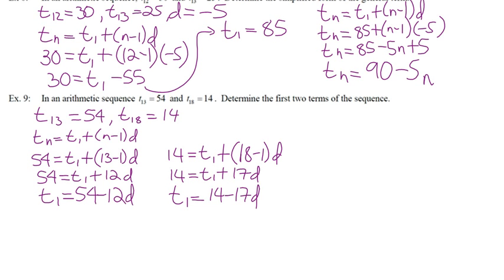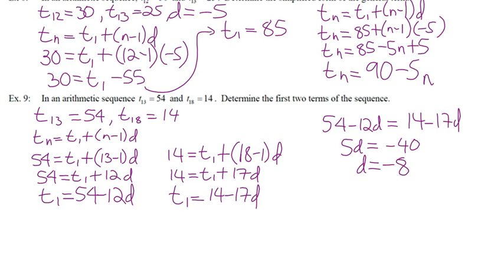And now what can I say? That 54 minus 12D must be equal to 14 minus 17D. So 5D is negative 40, and D is negative 8.